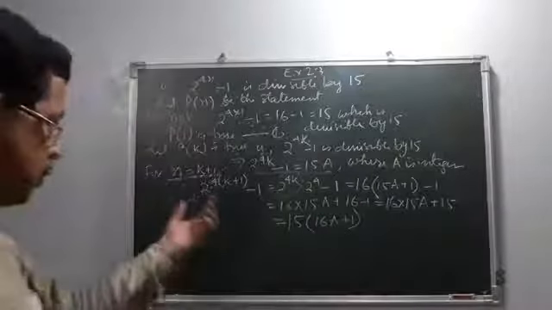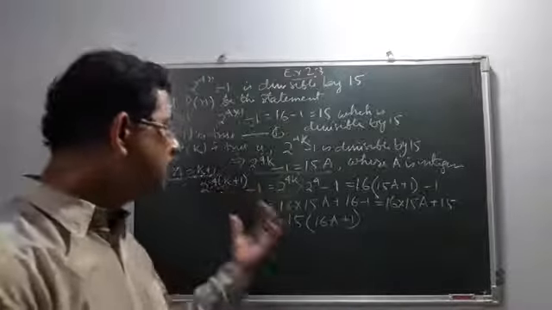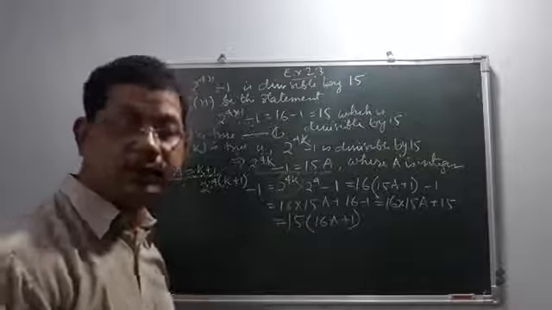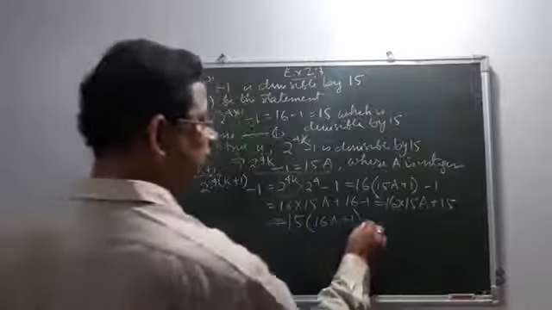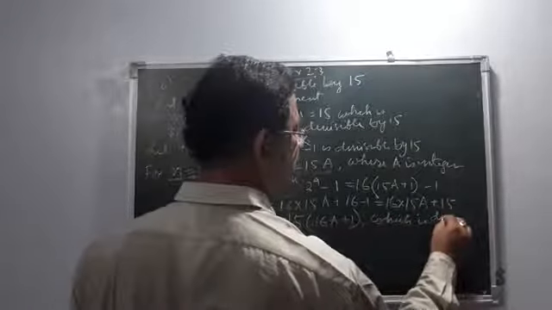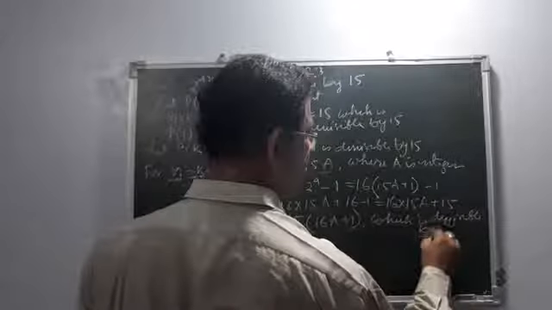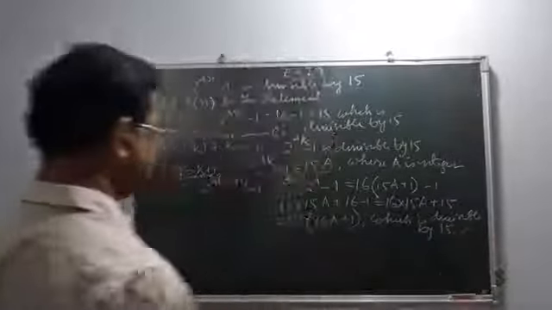Now students, that is the ultimate target. Can this be written as 15 into something? Yes, we are able to write it, which is divisible by 15. So we have achieved this one.